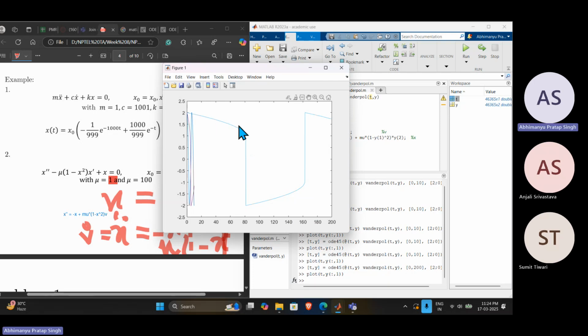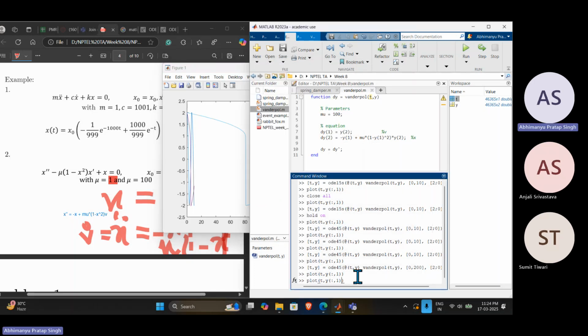So you can see this transient, it is taking 80 seconds, and then I don't have any time in between, right? This is a very fast process. It goes from 0.8 to -2 in less than 0.1 second itself. Yeah, less than 0.1 second, right?